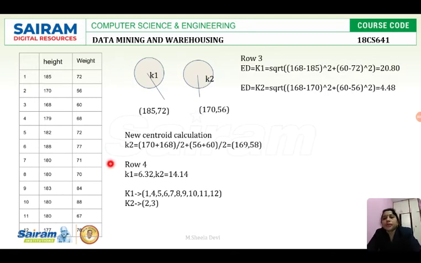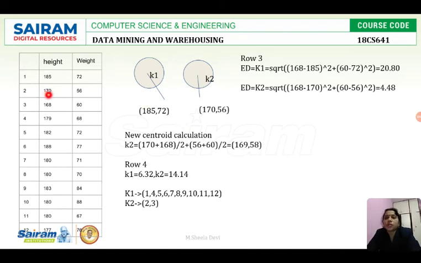So take the first row. We have two clusters, K1 and K2. The first step is to find the centroid. In the initial data, the first row is 185 and 72, so for cluster 1, I am assigning the centroid as 185, 72.